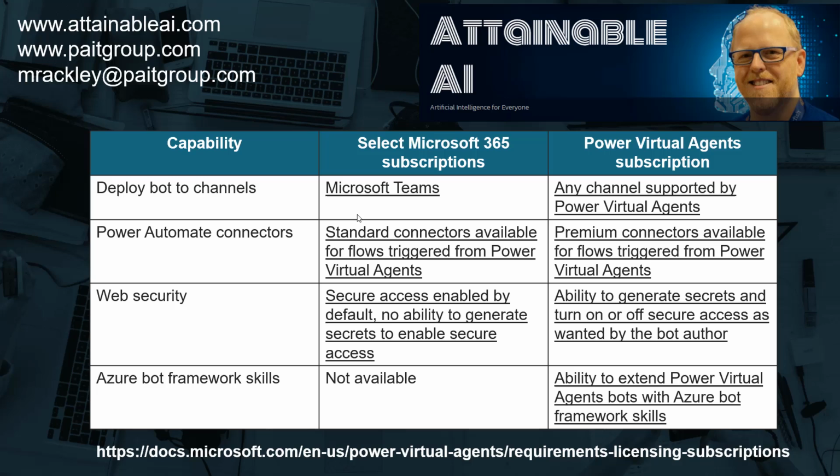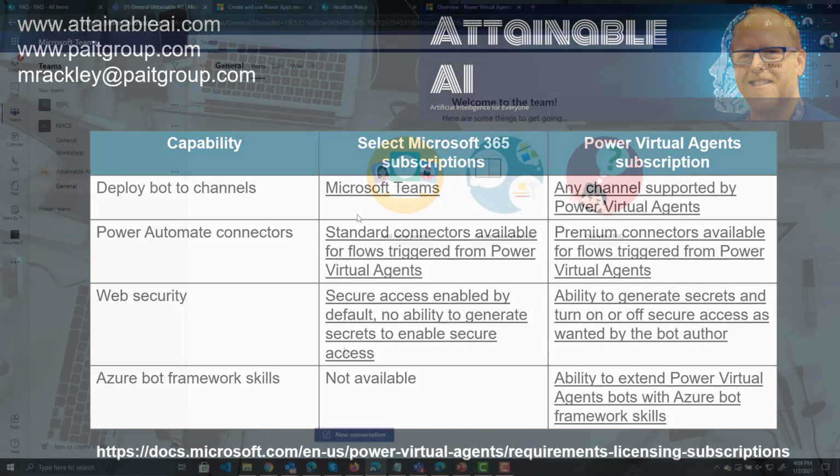However, I'm here to tell you that there's so much you can do in these Power Virtual Agents for Microsoft Teams that if you get comfortable with it, you may never need to upgrade to the Power Virtual Agent subscription. So let's get started and build our first chatbot using Power Virtual Agents for Microsoft Teams.